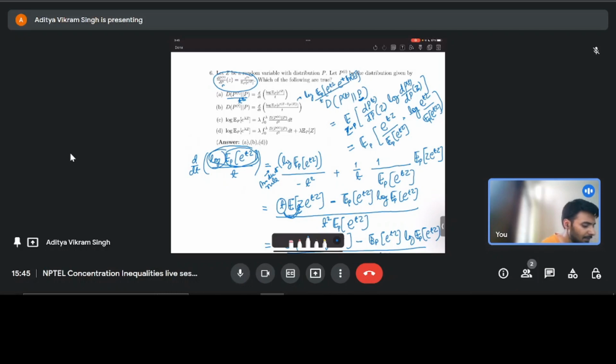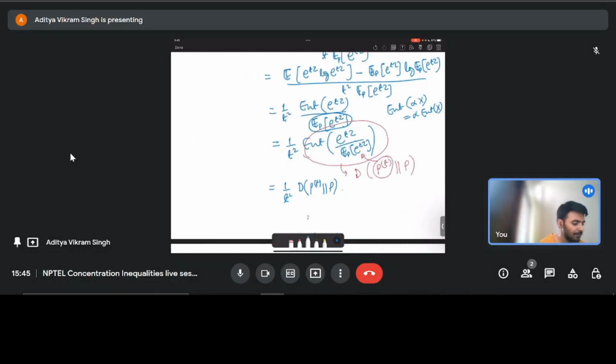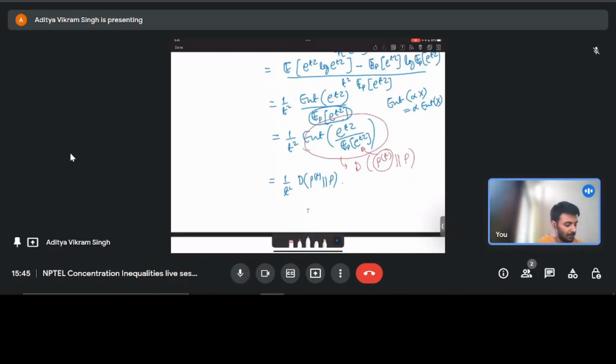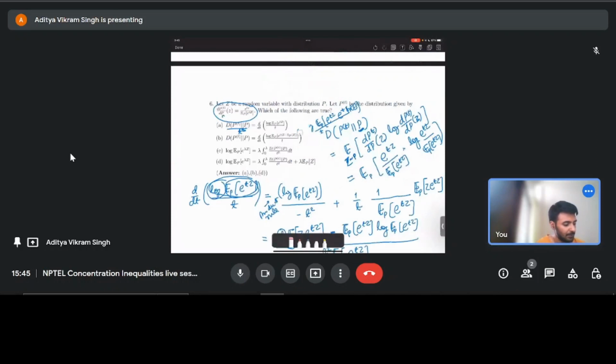Right, so you can basically do the same thing again. You can do this same derivation again throughout. Okay, so what will happen? Yeah, I don't know why I wrote this. Let me remove it.